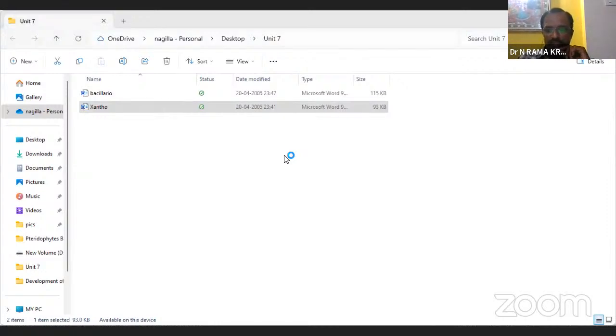Flagella are present in motile forms, generally two of unequal size, so unequal motile flagella.